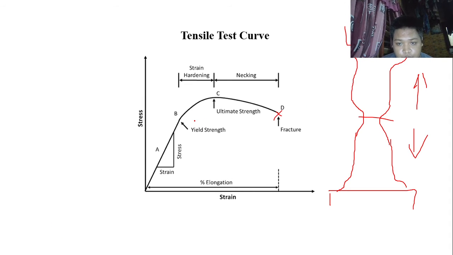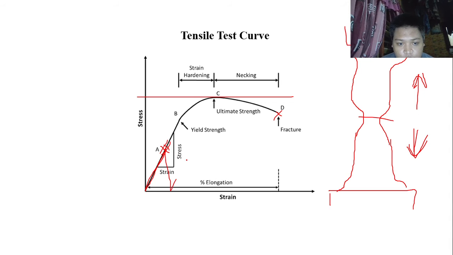So, why do we need to learn the tensile test first? The fatigue test will be the same. We'll put stress in opposite ways on the material, but only until halfway here.